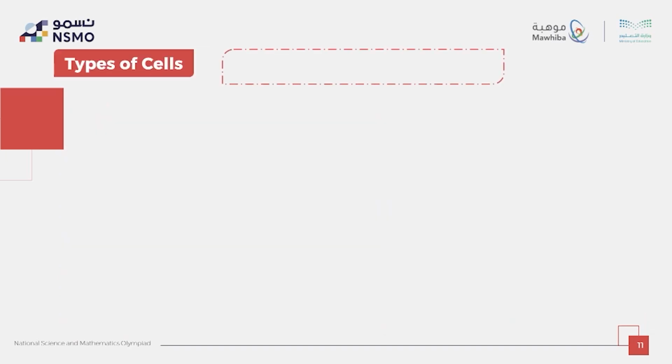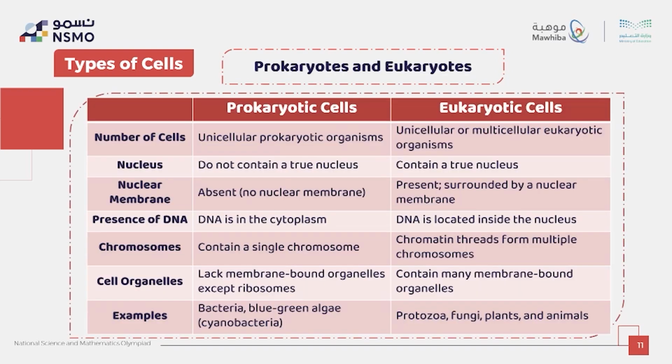So let's compare between prokaryotic cells and eukaryotic cells side by side. And let's talk first about number of cells. In prokaryota, it's always unicellular.